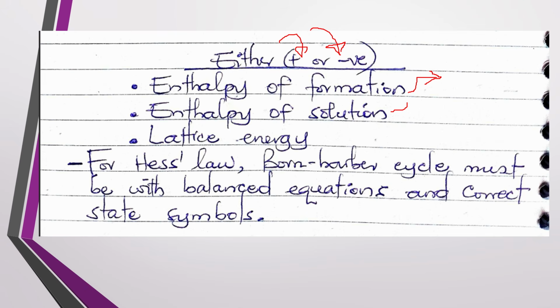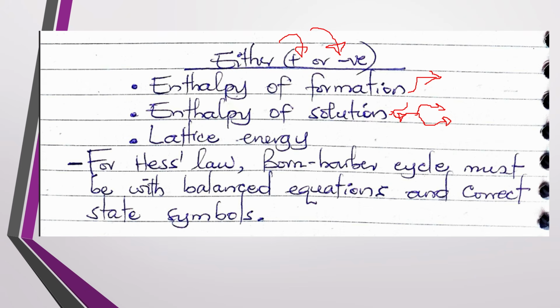So its energy values must always carry a negative sign. Enthalpy of solution can either be positive or negative, or it can be endothermic or exothermic. Now remember that enthalpy of solution is affected by two factors. One is lattice energy, and the other one is hydration energy.